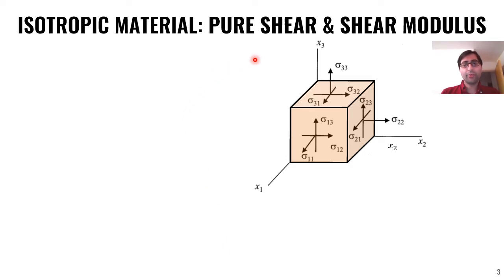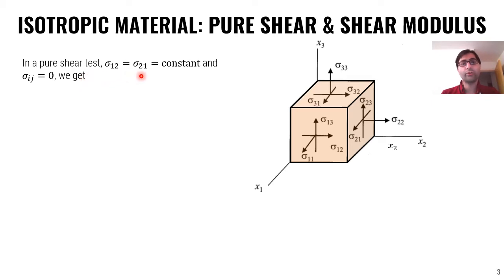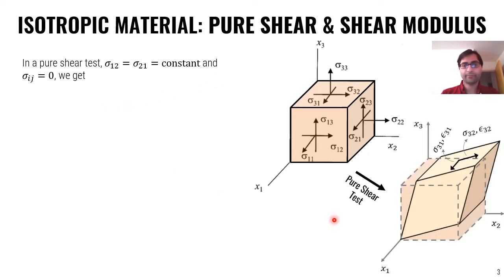Now, in the case of pure shear and shear modulus, we assume sigma 12 is equal to sigma 21, and they're constant, and sigma ii's are 0. Have a look here. It's the case of pure shear.